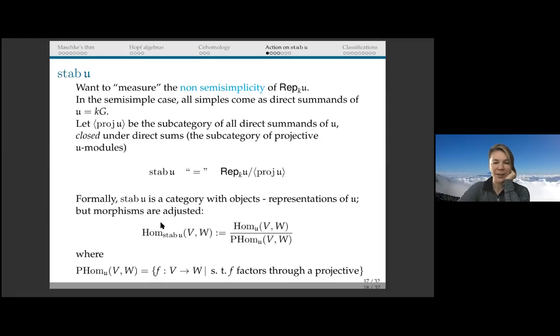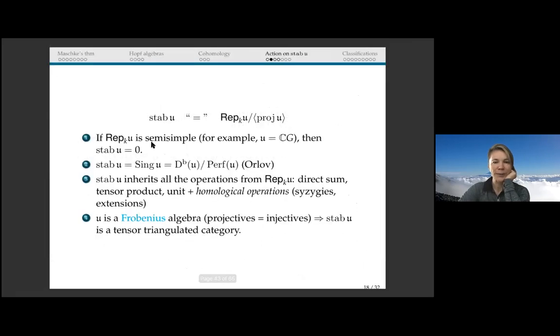So this is the stable category, our favorite category to work with. Here is just a reminder that we at least think about it as a representation category where we mod out the projective objects. Just by construction, at least by this informal construction, if the representation category is semi-simple, like the group algebra of a finite group over the complex numbers, then the stable category is trivial.